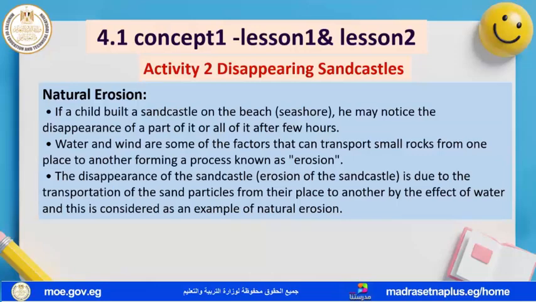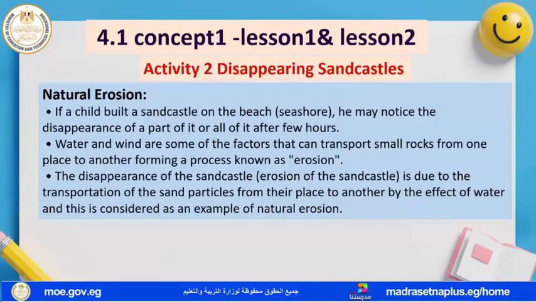Point 3, the disappearance of the sandy coast. Erosion of the sandy coast is due to the transportation of the sand particles from their place to another by the effect of water, and this is considered an example of natural erosion.